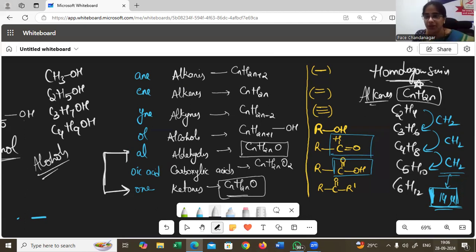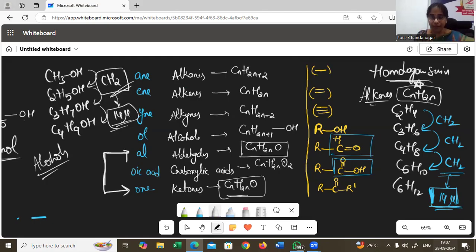This is also a homologous series, wherein each and every member of the family, as you can see, differs by a CH2 group. As they differ by a CH2 group, they go with a difference of 14 u, right? Because carbon is 12 and hydrogen is 2, so 12 plus 2 will be 14.